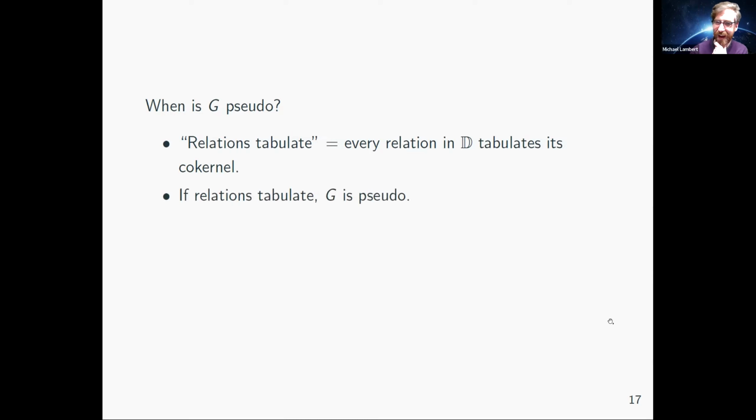This implies a lot, actually. It precisely implies that G is pseudo, and it also implies unit pure. So if we were to assume relations tabulate, we would already be making a pretty big improvement on this oplax-lax adjunction characterization.